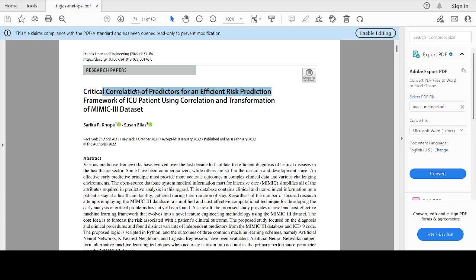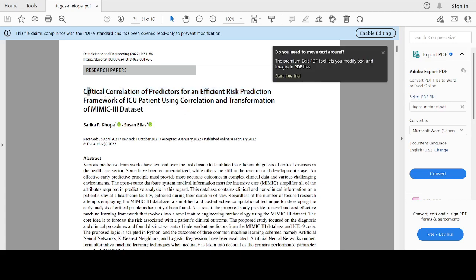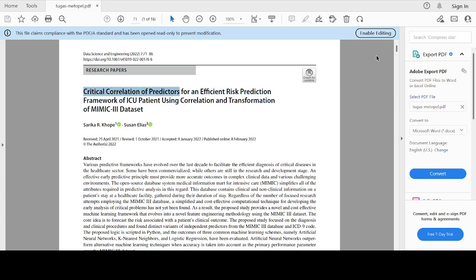What this research tried to achieve is critical correlation of predictors for an efficient risk prediction framework, and the method is using correlation and transformation of the dataset.